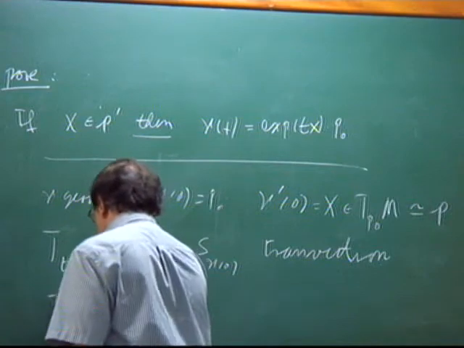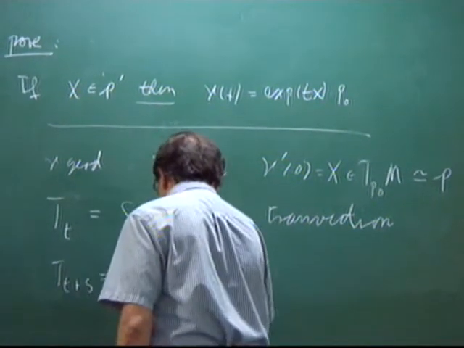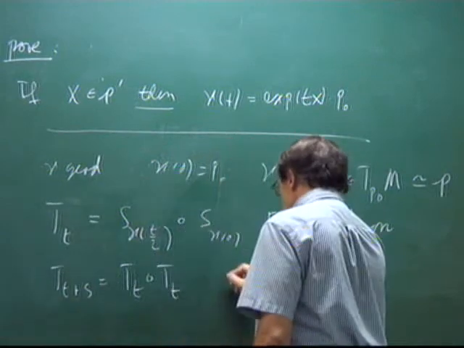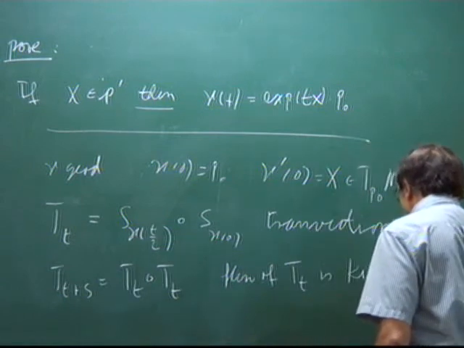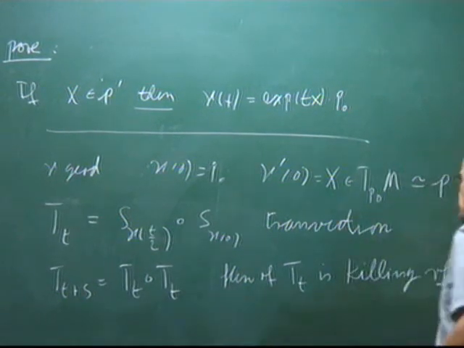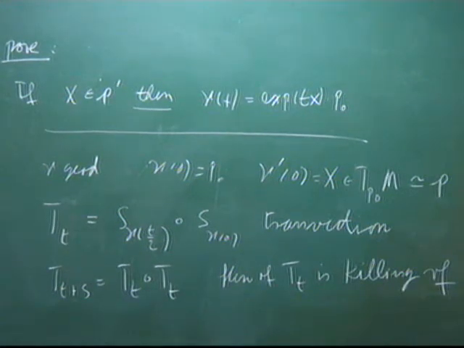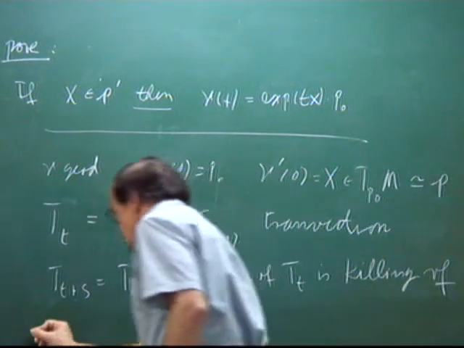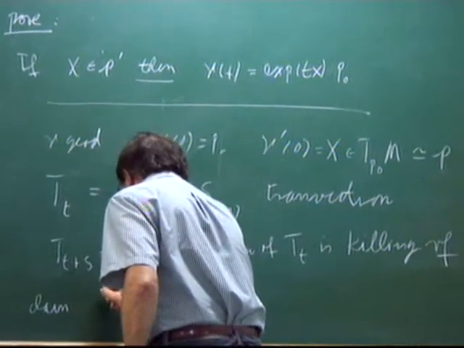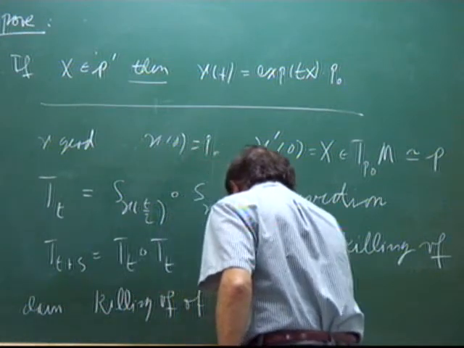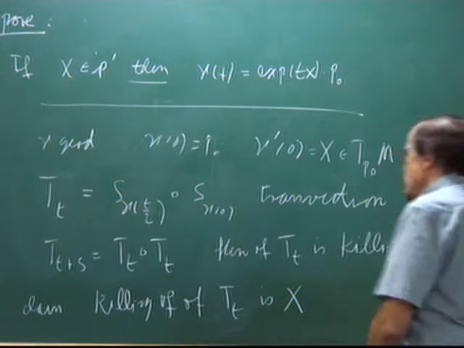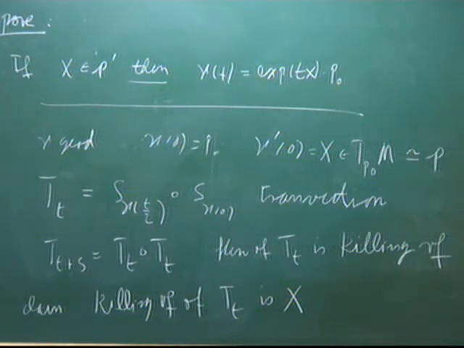And then we knew that it's a one-parameter group. So that means the flow of T_t is a Killing vector field. And I want to claim that Killing vector field is X. So if I can see that, then I claim I'm done.